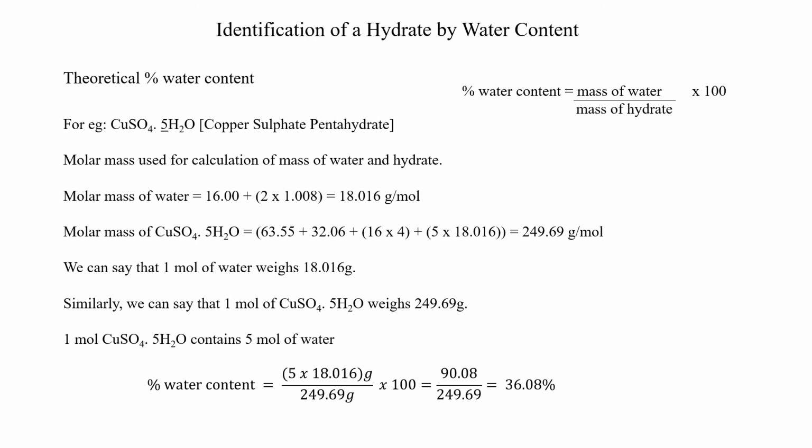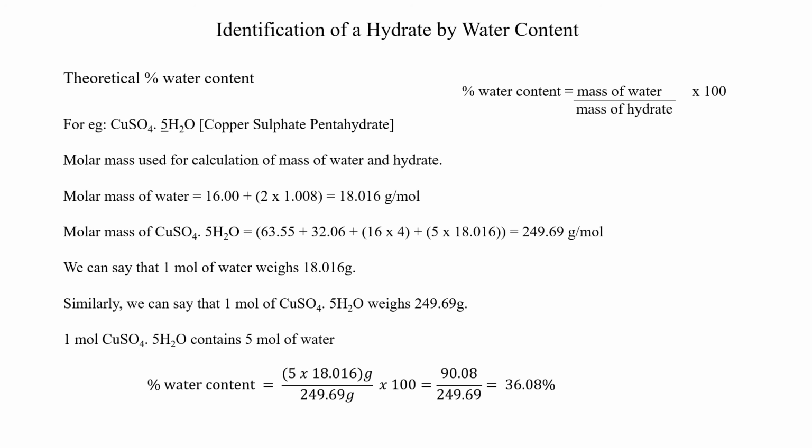Now, we have the mass of the water and the mass of the hydrate, which will be put in here. But remember that in this case, we have 5 moles of water, which means we have to multiply the 18.016 grams by 5, and then divide by the mass of the hydrate, which in this case is 249.69 grams.